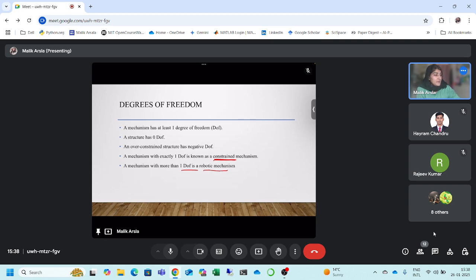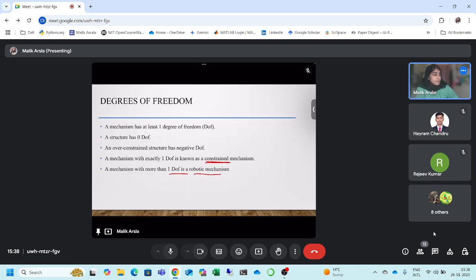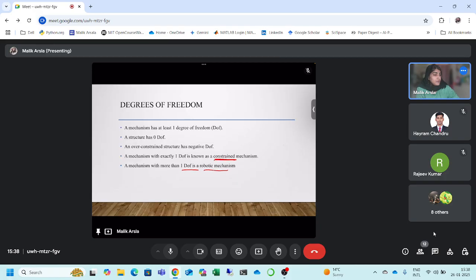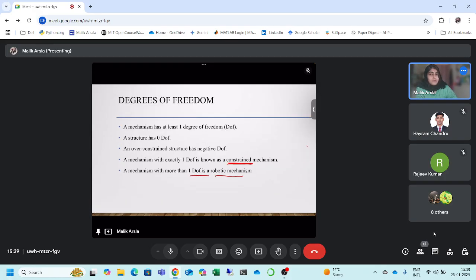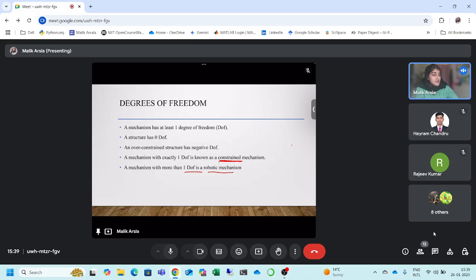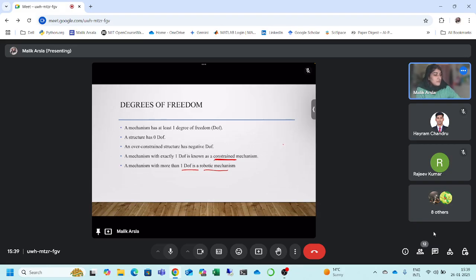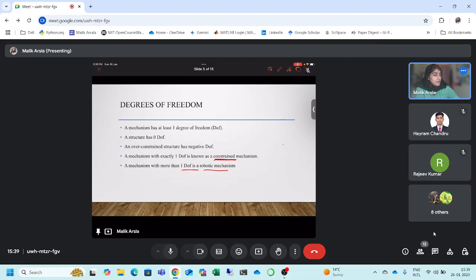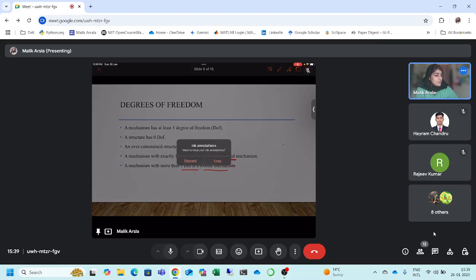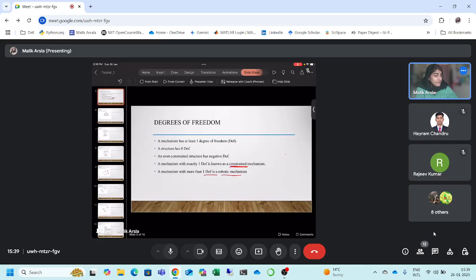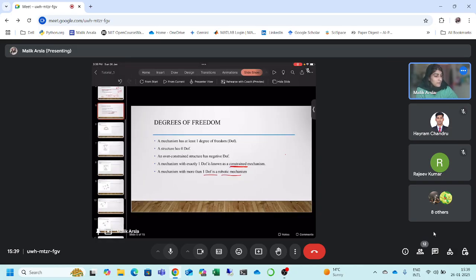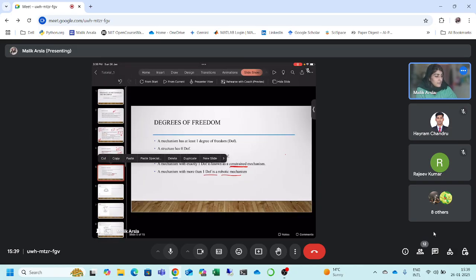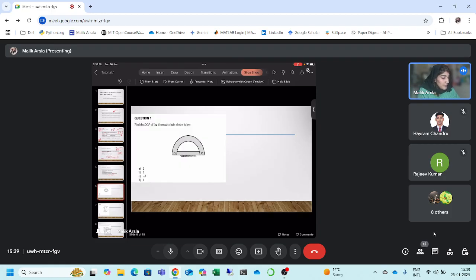Moving forward. I think my screen is stuck. Okay.